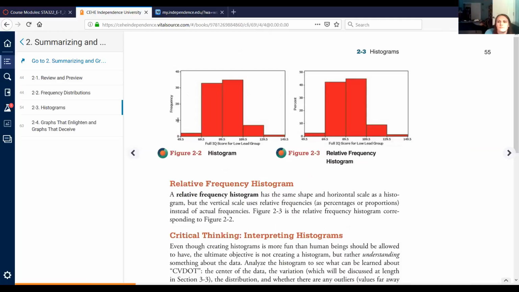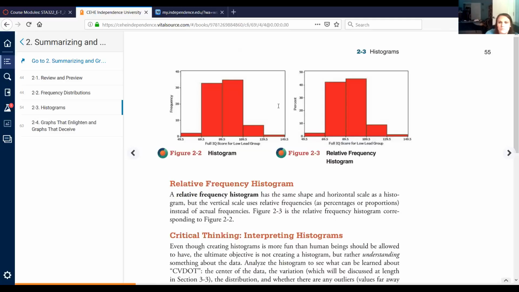So we can see much more visually the frequency. Here is the number. So we've got 2 people in this particular band. We've got 33 and 35. And then we have 7 and 1 in these other bands. So this gives us a visual of what the data look like and how they're distributed.